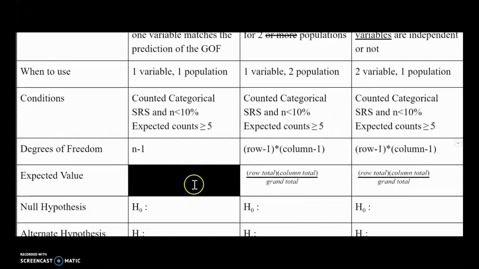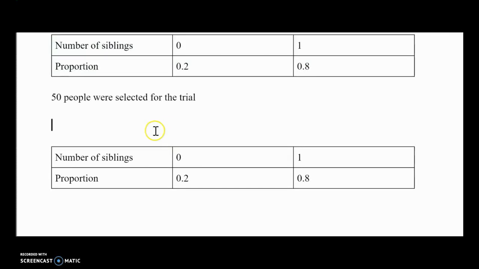Now expected value. Why have I blacked this part out? It's because you don't have an expected value as a given formula. It is just what you have to get from a question. So for example, a question could be like a two-way table, again, with the number of siblings. So either you could have 0 siblings or 1 sibling, and the proportion of people. And they tell you 50 people were selected for the trial. So my expected value of each one of these cells, I'm going to put it down here.